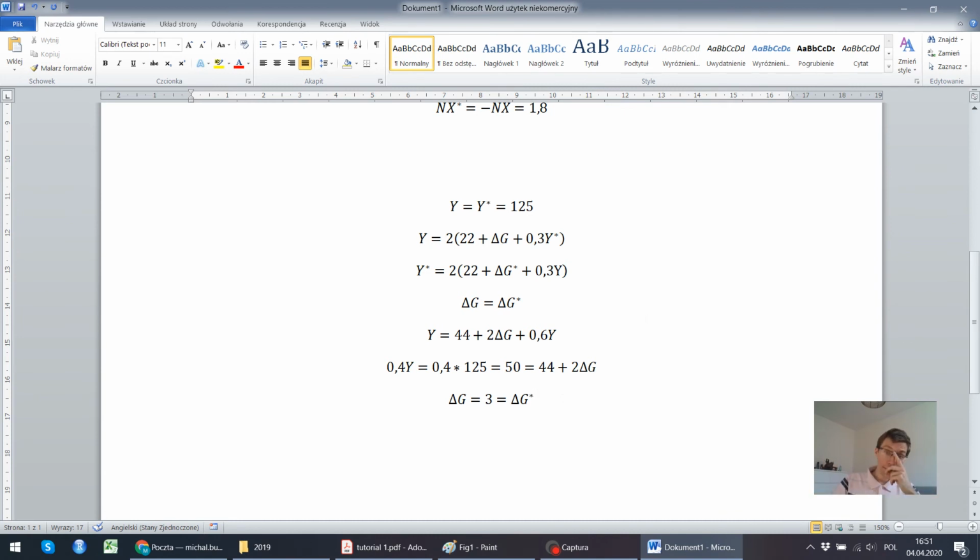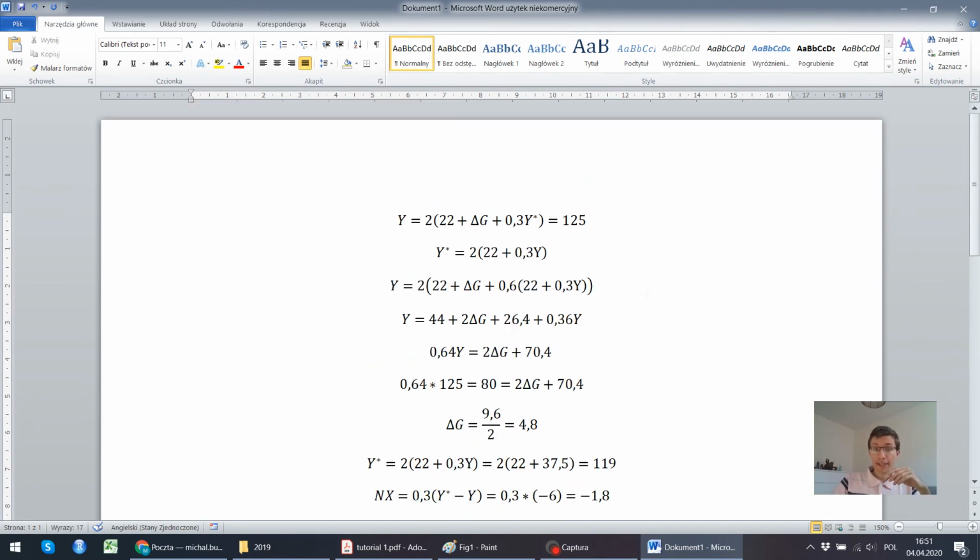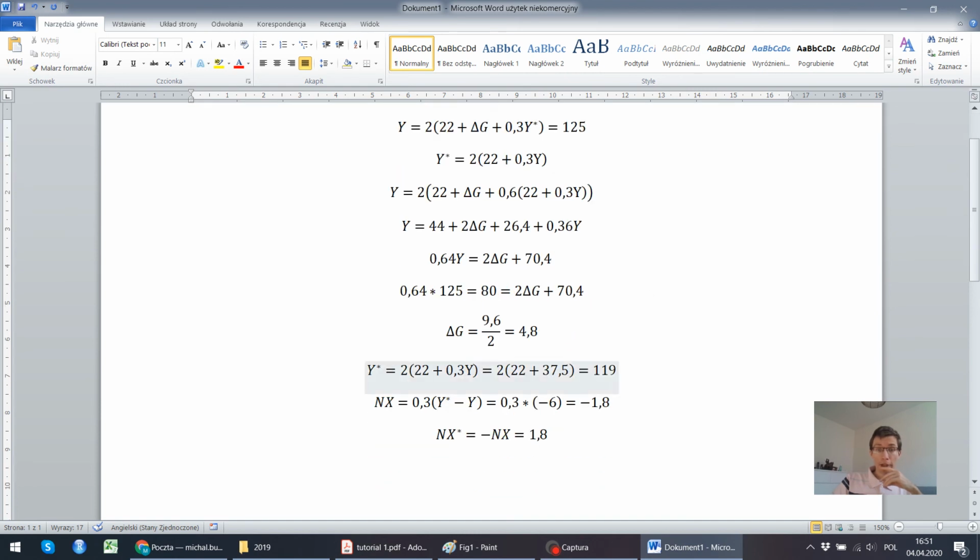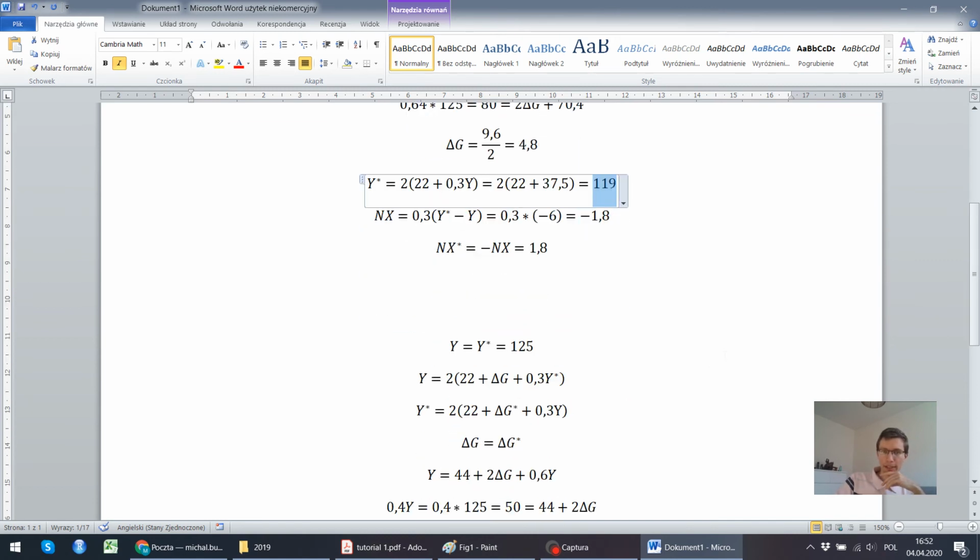Now, comparing this result to the previous one, we see that in the previous result, only the home country increased governmental expenditures by 4.8. The foreign country did nothing. This allowed the home country to have 125 as the equilibrium output, but the foreign country was doing this free riding thing and also increased its equilibrium output.